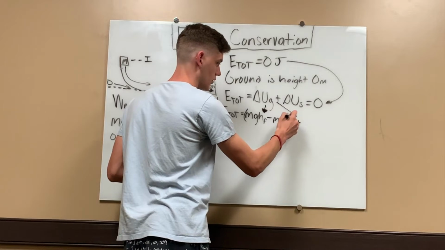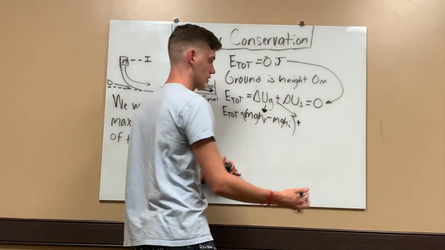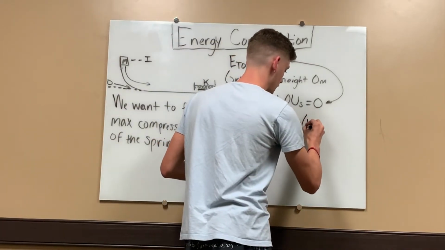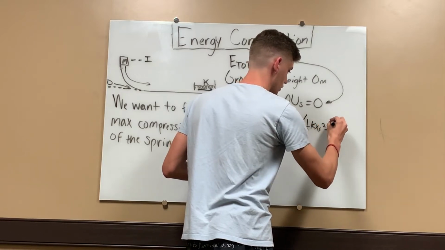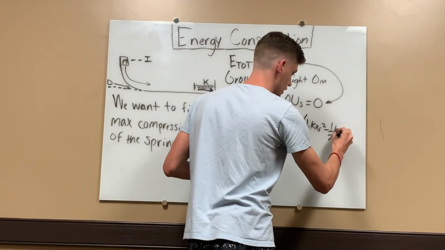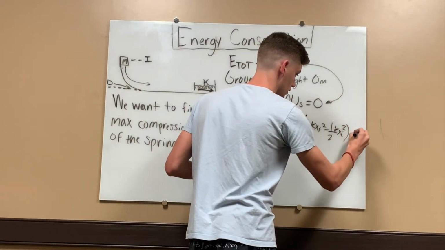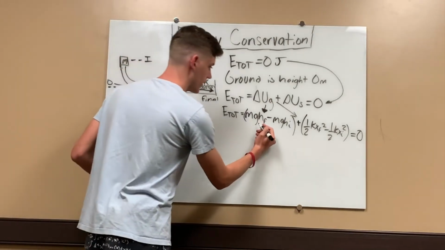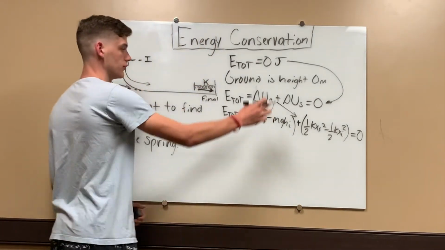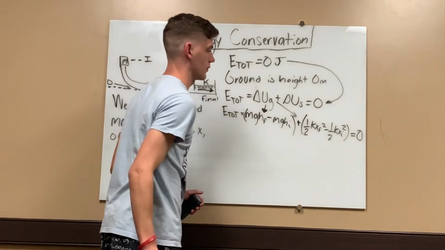Our plus moves down, and this is where our spring is going to go. So we have 1/2 kx final squared minus 1/2 kx initial squared equals 0.